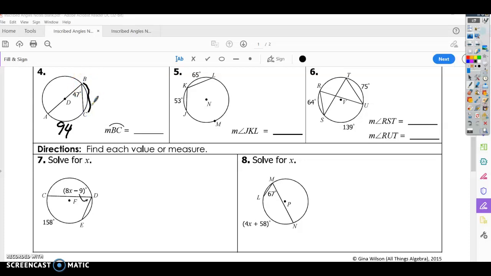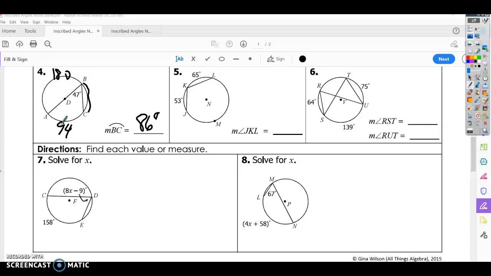Well, we can find that by saying either this plus this equals 180, or we know that this is the diameter, so we know that this semicircle is also 180. So you can just do 180 minus 94 and get 86, or you can do 360 minus 180 minus 94.